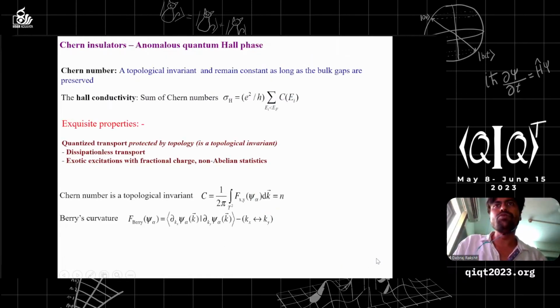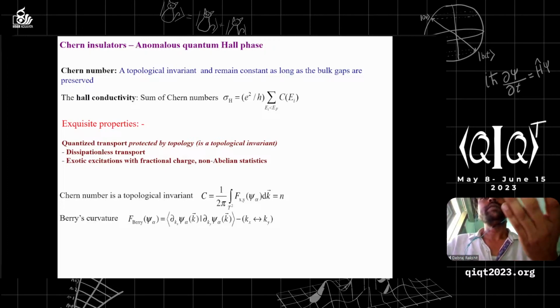Now, here is a very basic indicator we will use: Chern numbers. I am not going to talk about topology in detail. The Chern number is directly associated with the integer Hall current that we know about, and this is the relation.